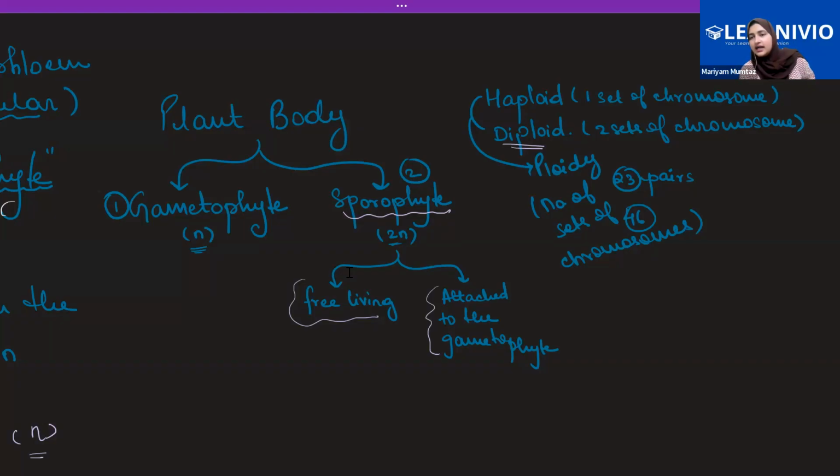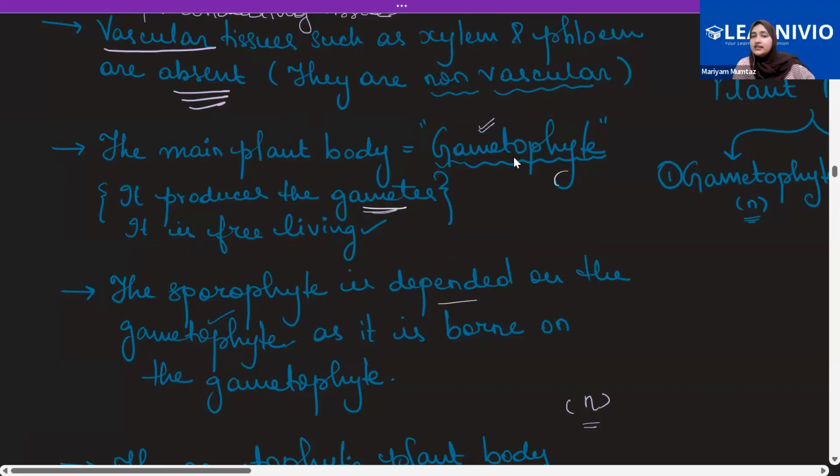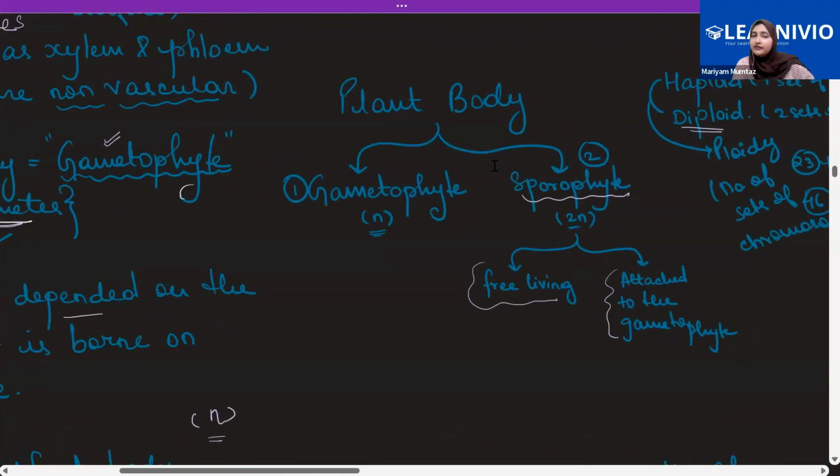And the normal cells are diploid. But here the plant body can be haploid or diploid. Okay. So in the case of bryophytes, the main plant body is gametophyte. Gametophyte will make the gametes. Sporophyte will make the spores. Okay, remember that. Gametophyte makes the gametes. Sporophyte makes the spores.